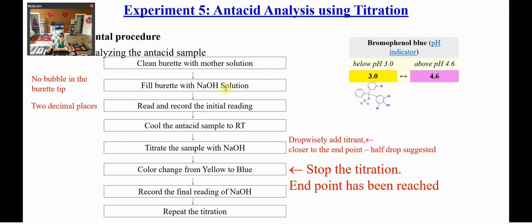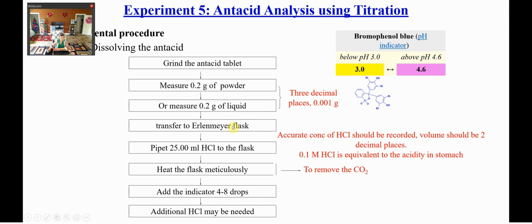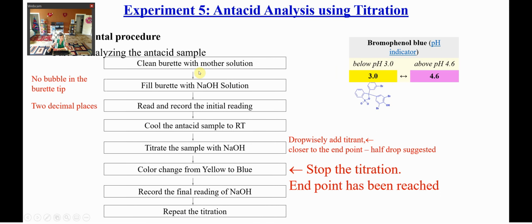Here, something special: the hydrochloric acid digests the antacid. You use a large amount of HCl to make sure all the antacid is digested. Therefore, your HCl is in excess. You are going to use sodium hydroxide to back titrate that HCl.